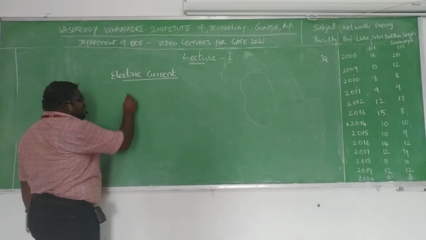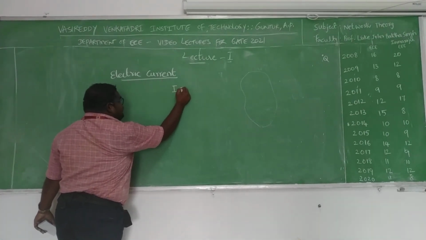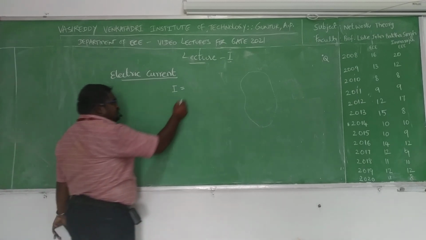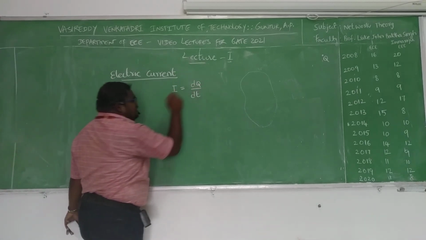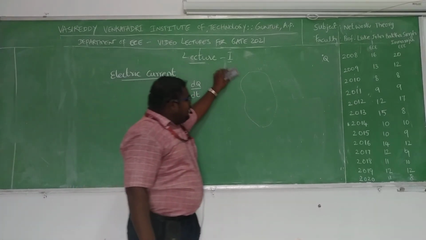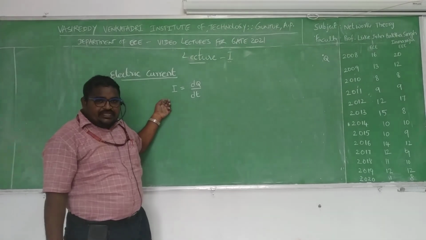So mathematically, electric current is denoted by I is equal to the rate of change of charge, that is dq by dt. I is equal to dq by dt. This is the basic expression for the current.